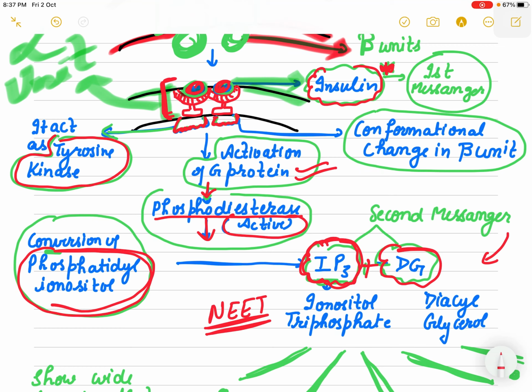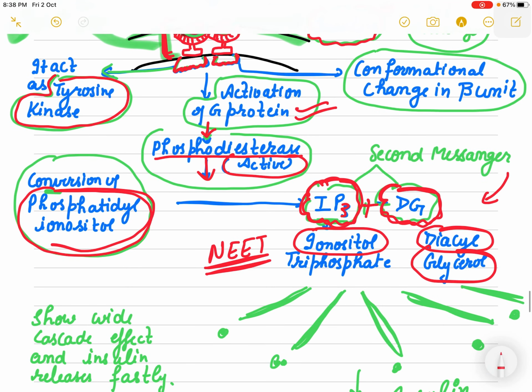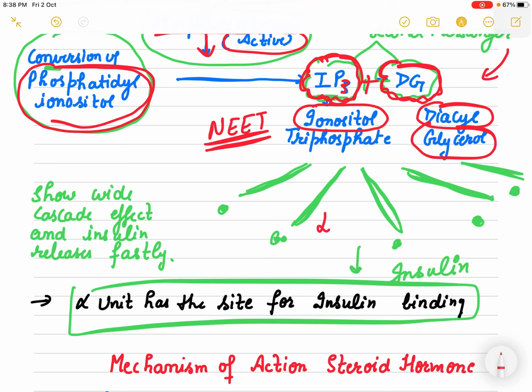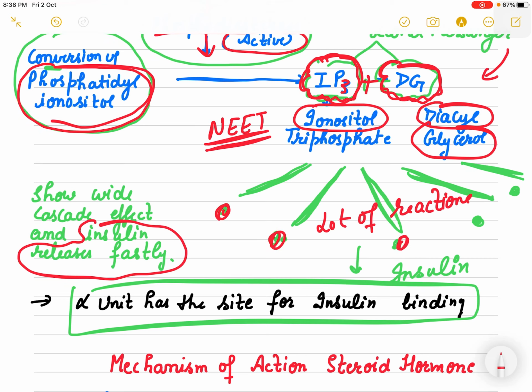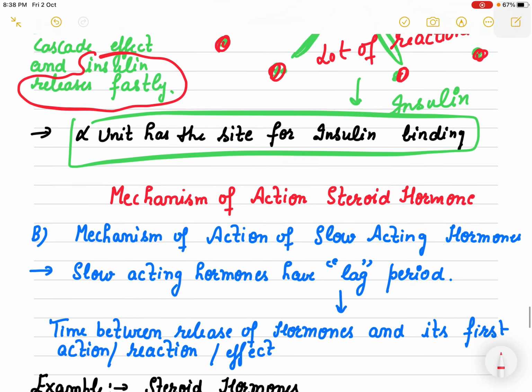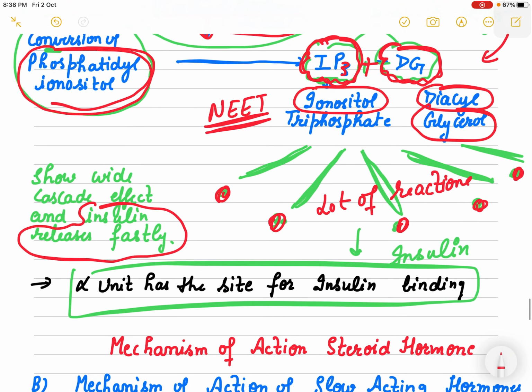That is IP3 plus DG. IP3 is inositol triphosphate and DG is diacyl glycerol. They produce a lot of effects, a lot of reactions known as the cascade effect, a set of reactions, and finally with these reactions insulin is rapidly released, which maintains the blood sugar level, right?